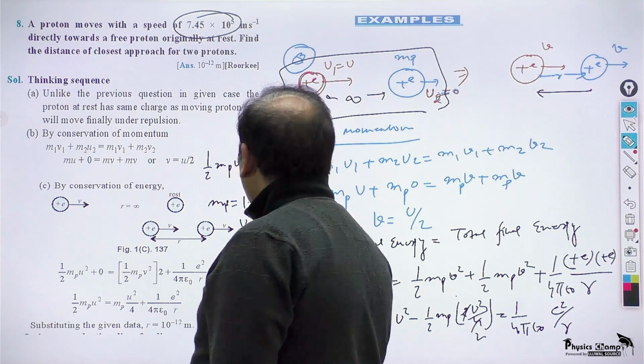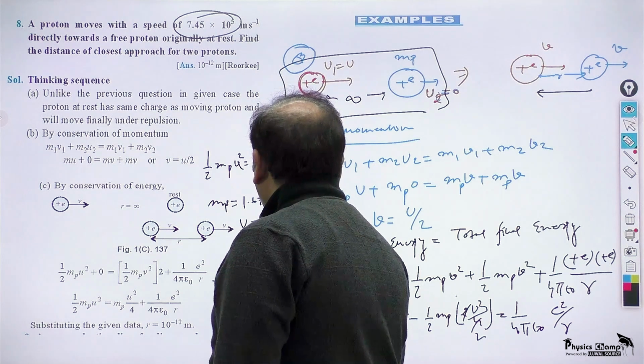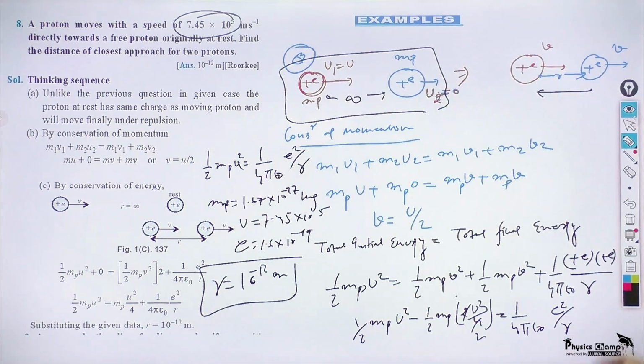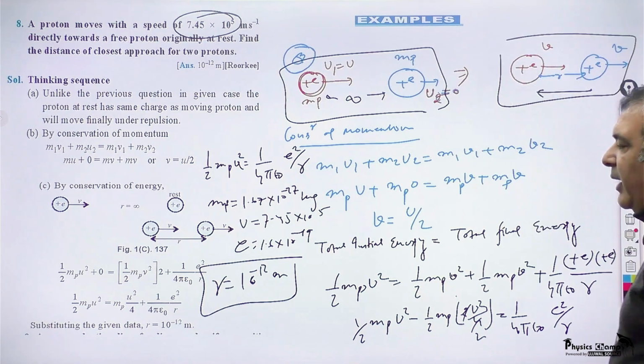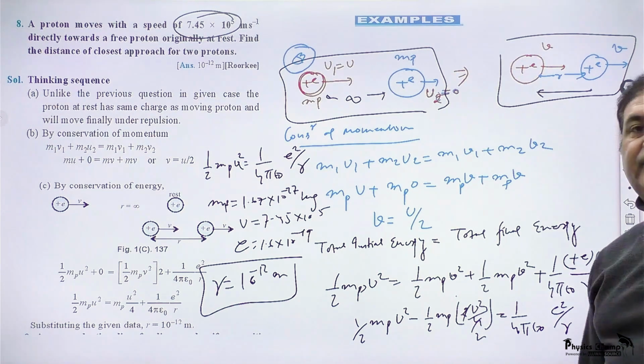So by calculating we will get the radius as 10 to the power minus 12 meter. It means finally they will both move together and they will have a common velocity which is half of that previous, and also they will have a separation of 10 to the power minus 12 meter.